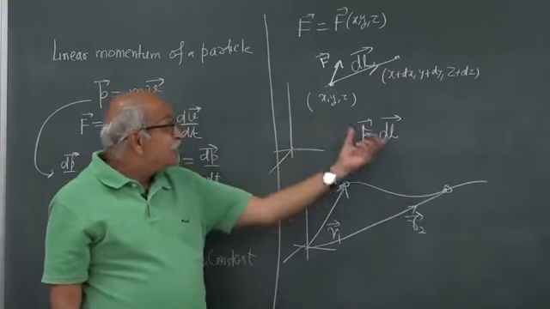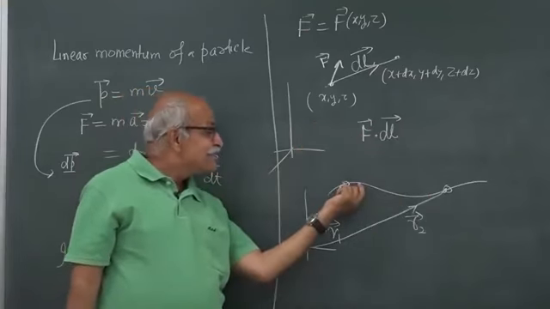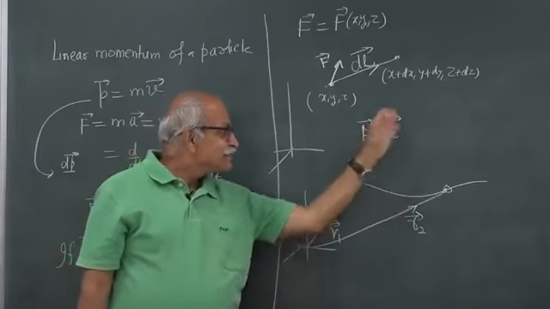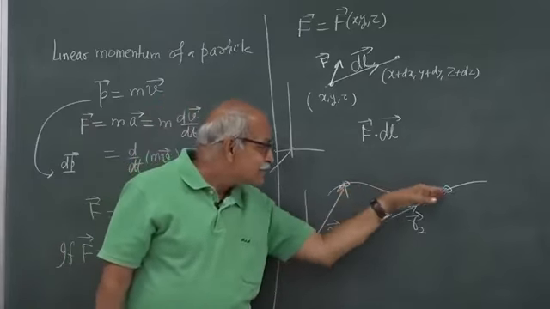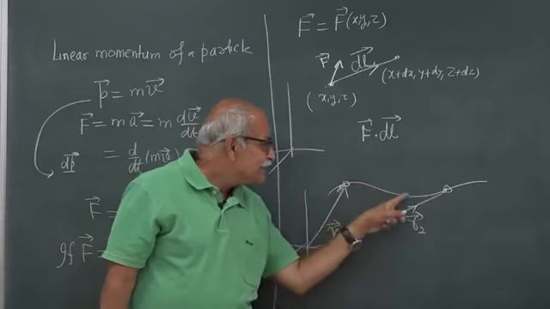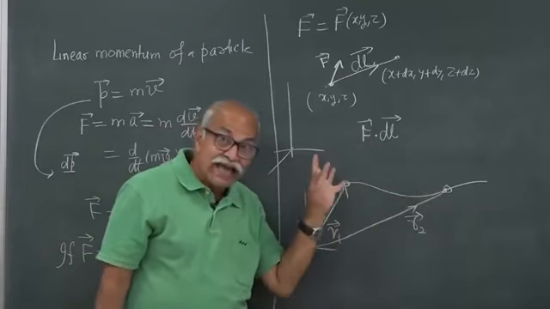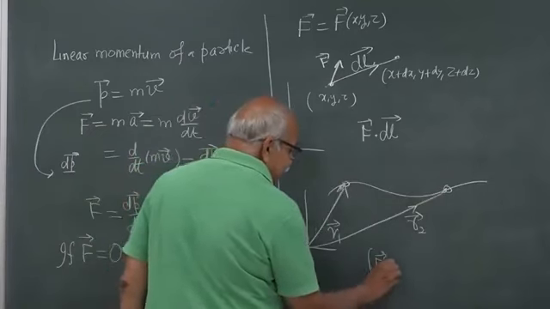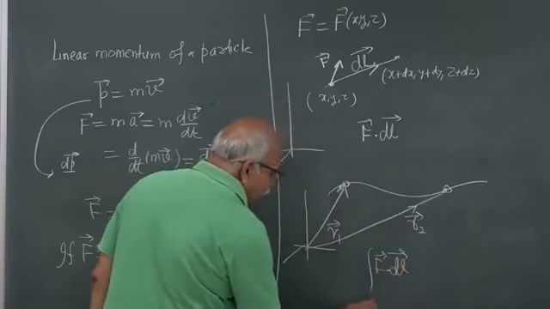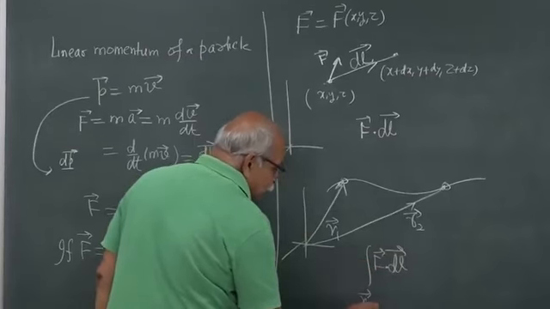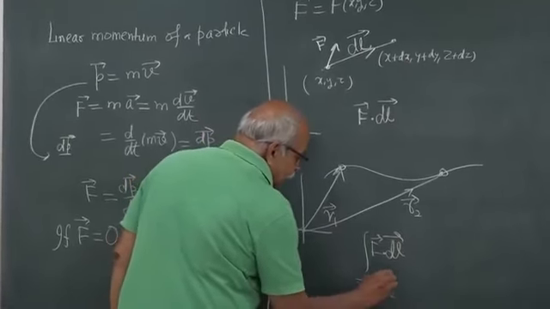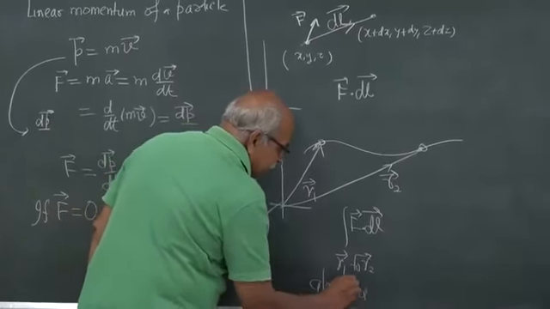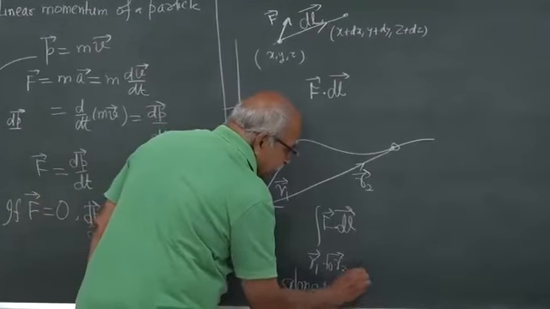I can add all these quantities, F dl here, F dl here, F dl here. I take infinitesimal lengths, construct this and add all that, and that will be the integral of F dot dl from r1 to r2 along the path given.